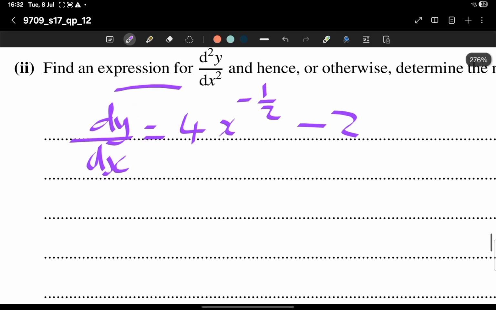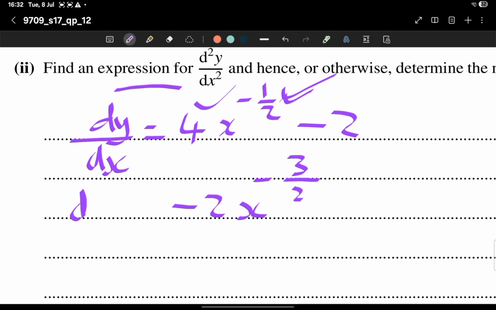So we're going to differentiate it further to get the second derivative. So we multiply this by the power, minus half, and that will give us minus 2x, then you subtract 1 from the power. So minus half minus 1 will be minus 1 and a half, which is as good as minus 3 over 2, like that. So our second derivative will be minus 2x to the power minus 3 over 2.